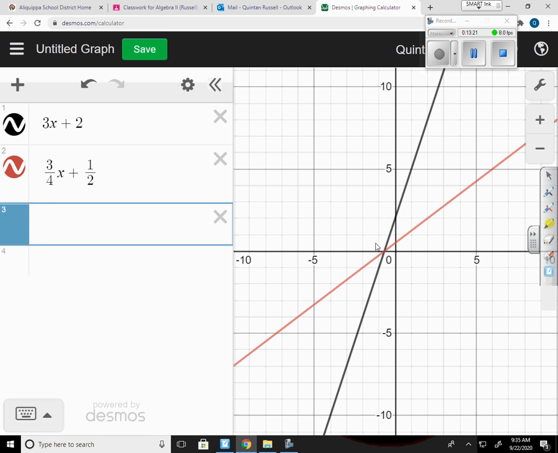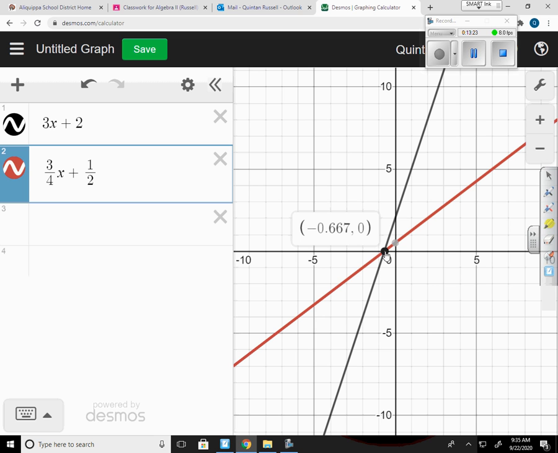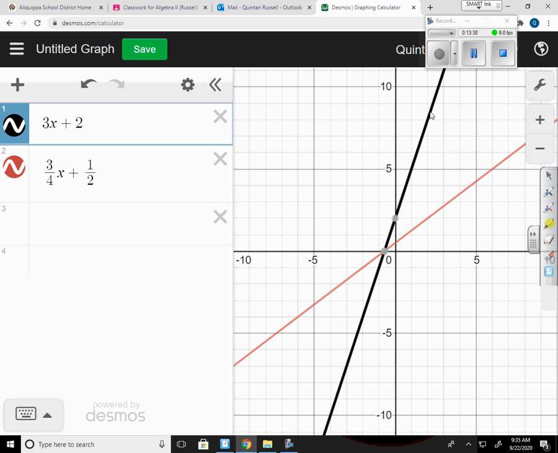If I look at this, they're both going through the x-axis at the same point, right there. So I know that that part is correct. And then that tells me that it's a vertical compression. And then if I look at my original function, it's this one, and it's being pushed down towards the x-axis. So I know that that is correct.